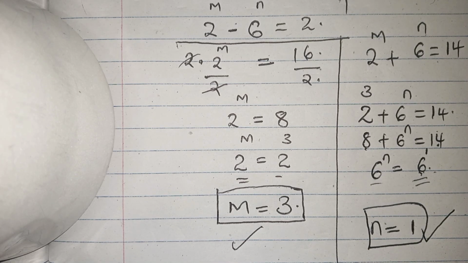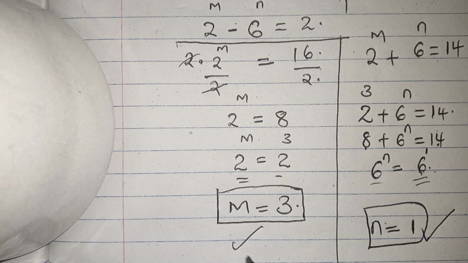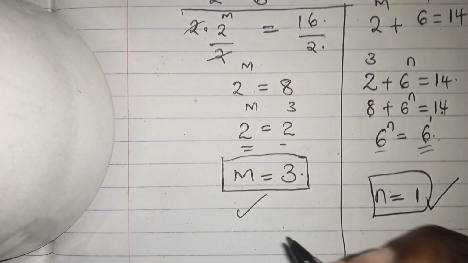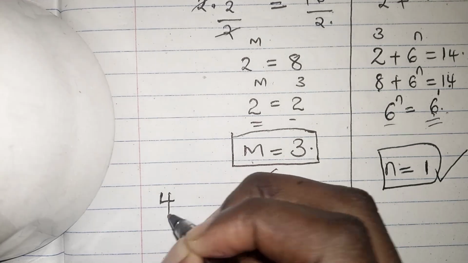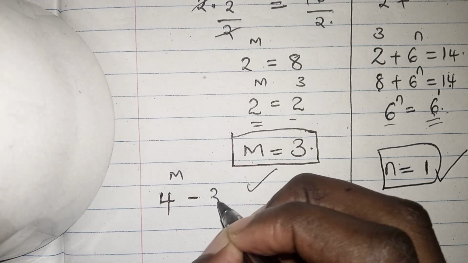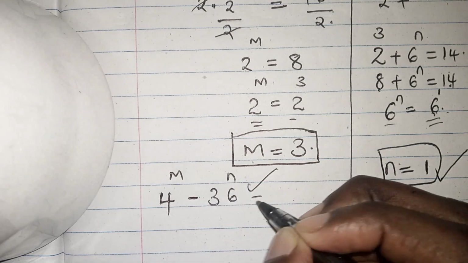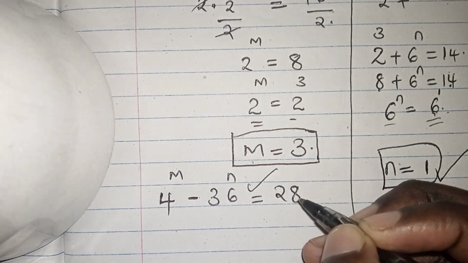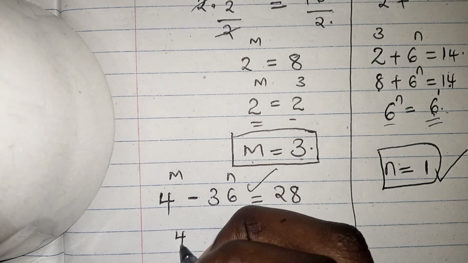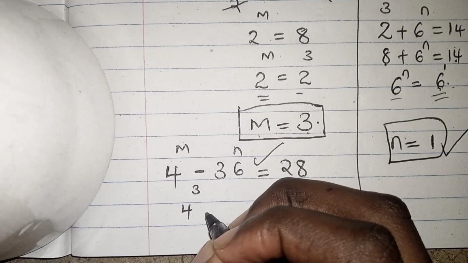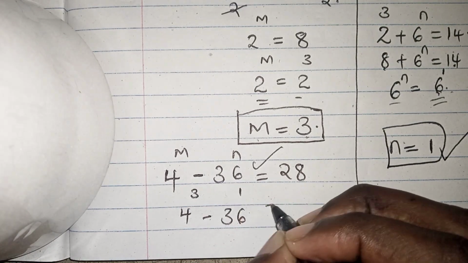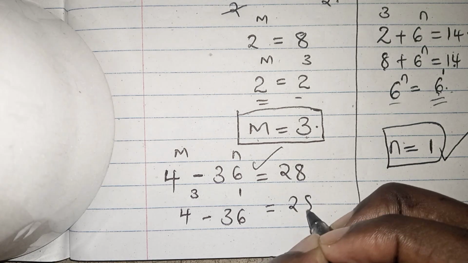So let us check to verify whether the values of m and n satisfy our given equation. So we had 4 to the power of m minus 36 to the power of n is equal to 28. So we have m as 3. So 4 to the power of 3 minus 36 to the power of 1 is equal to 28.